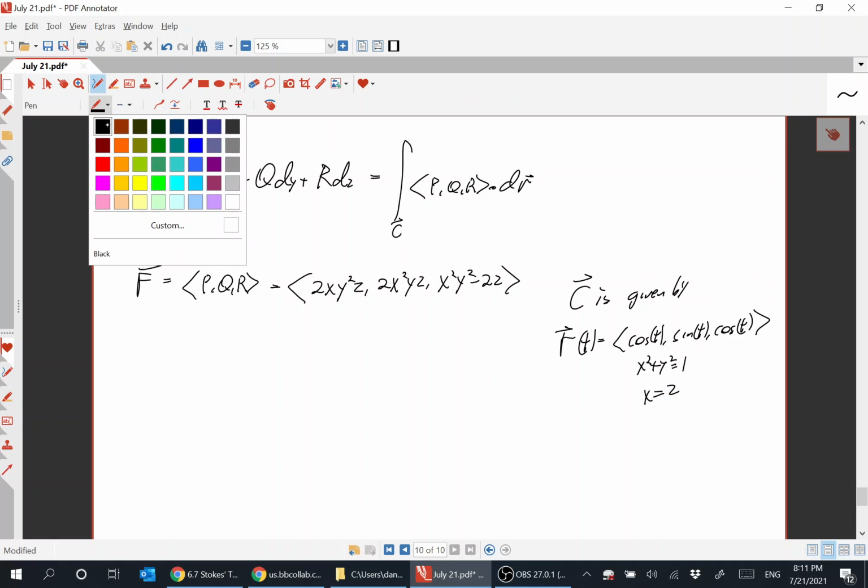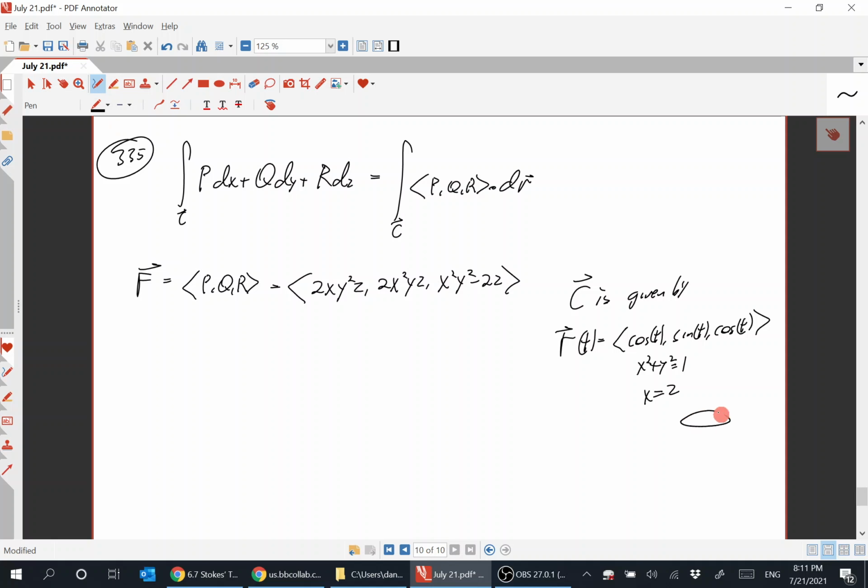But none of that matters. So it's this oval shaped thing. That's C. But none of that matters because the curl of F is 0.